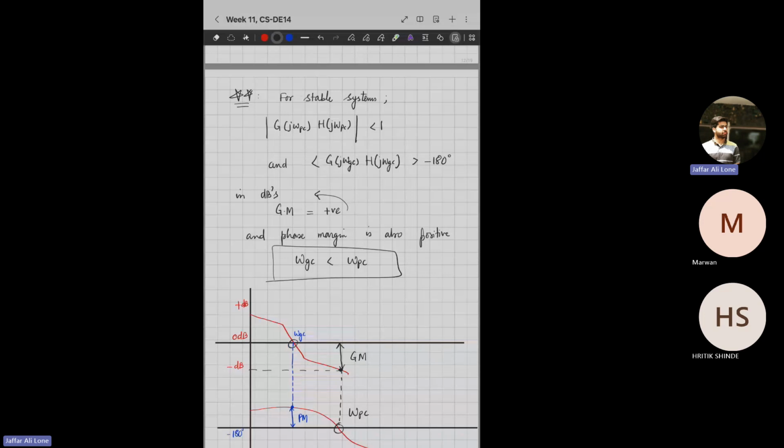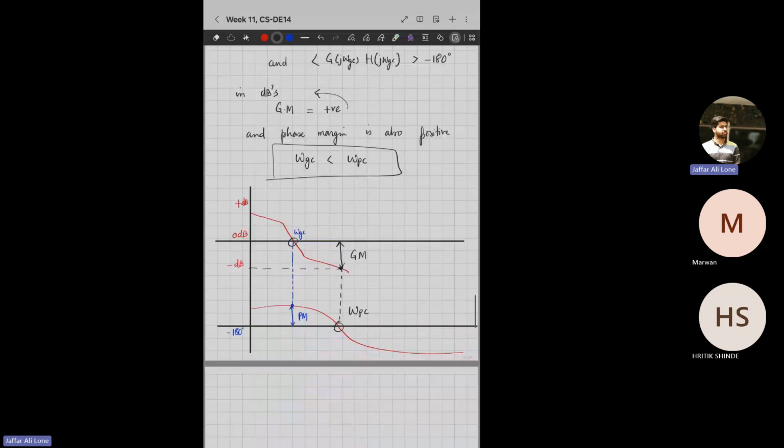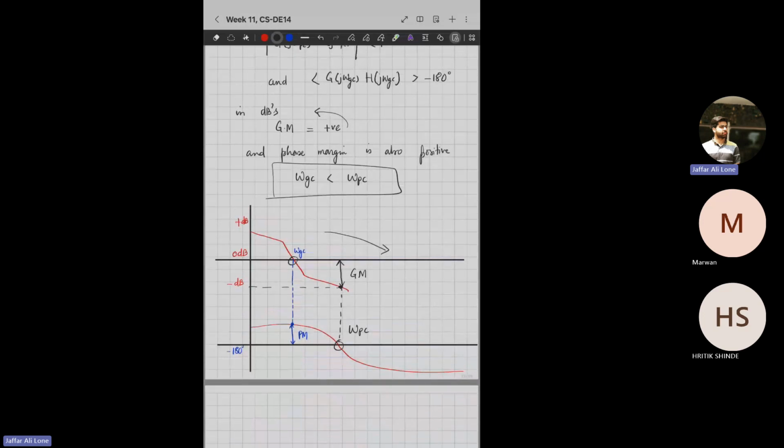In case of an unstable system, your gain crossover frequency will be somewhere here and phase crossover frequency is here. So your phase crossover frequency is less than gain crossover frequency in case of an unstable system, and in case of a marginally stable system, both are equal, right? So now let's solve some questions which will also help you solve the assignment problems.